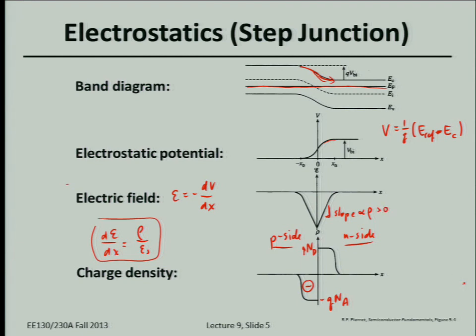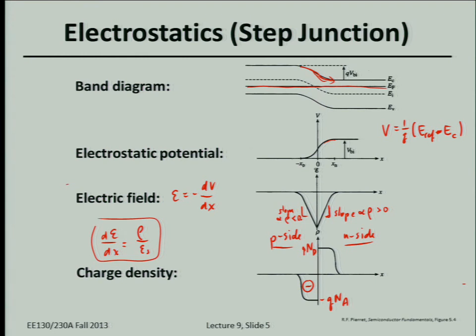And the slope here is again proportional to the charge density, which is less than 0 on the left, so it's a negative slope. Qualitatively, the charge density is constant as a function of distance because we're going to assume it's uniformly doped on the p side and uniformly doped on the n side. So charge density is a constant function.